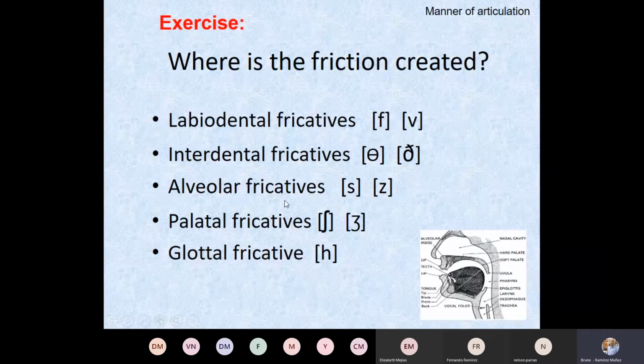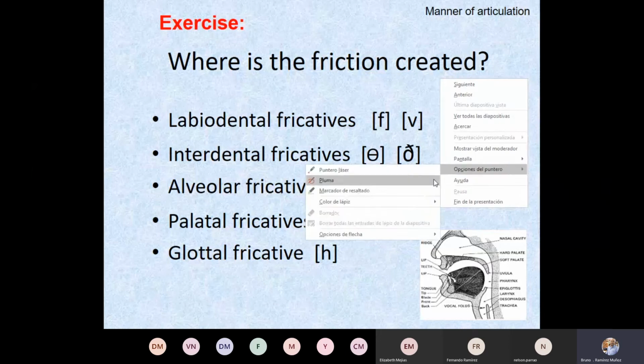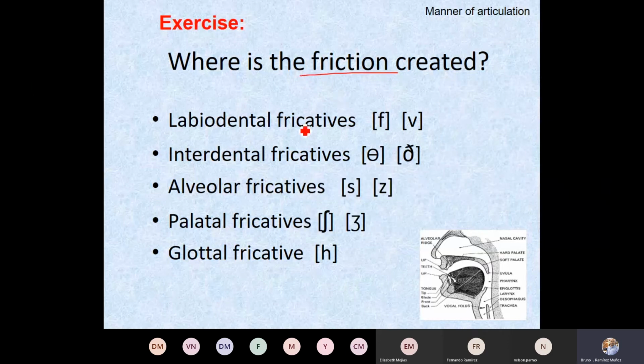Okay, in this quiz, we have the question, where is the friction created? Because as I told you before, always try to connect friction with fricatives. Fricatives is basically a friction which is created in your mouth with some of the organs or articulators leaving a very small gap for the airflow to leave the mouth.